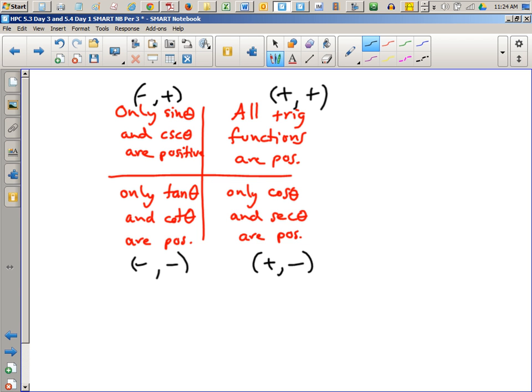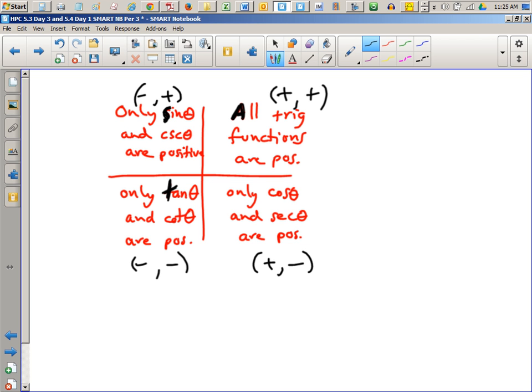Okay, so some people just memorize it this way. A means all things are positive in quadrant 1. S means only sine and its reciprocal are positive in quadrant 2. The T here, in the acronym all students take calculus, it's the take.